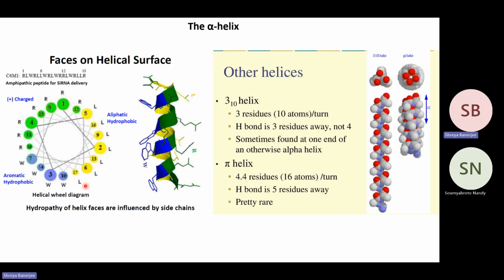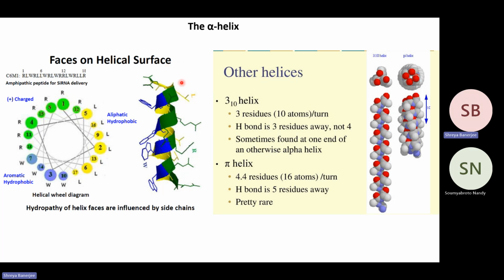Now, how this representation helps us is that we can design helices that have different faces. In this particular helix, you can see that the yellow residues are all leucine, so they are aliphatic hydrophobic. The blue residues are tryptophan, so they are aromatic hydrophobic. And these green residues are arginine, so they are positively charged. So you can design helices in such a way that one face of the helix is positively charged.